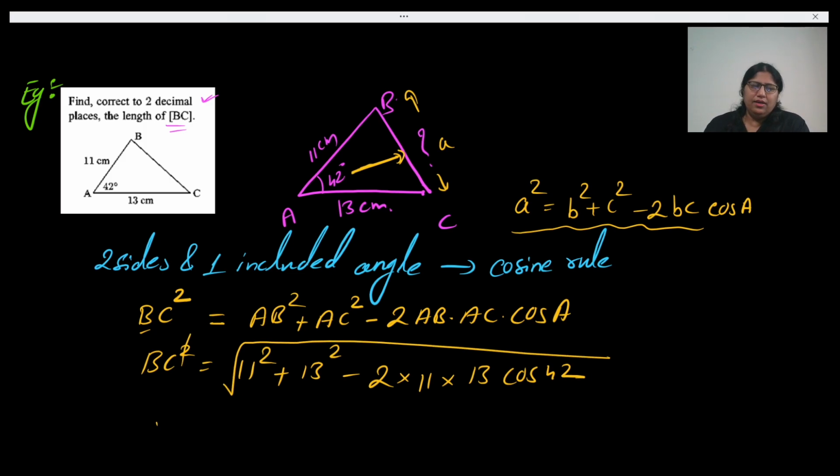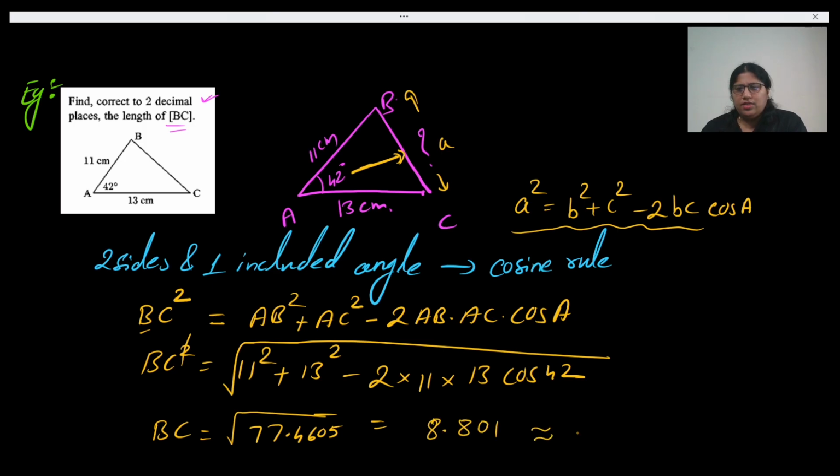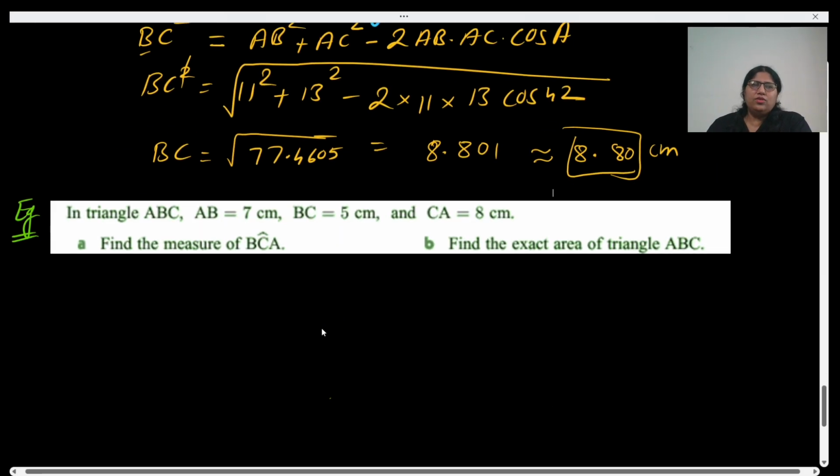It comes to approximately 77.4, and if you take the square root, you get, to two decimal places, 8.801, which is 8.80 centimeters. Let us go for the next question here.